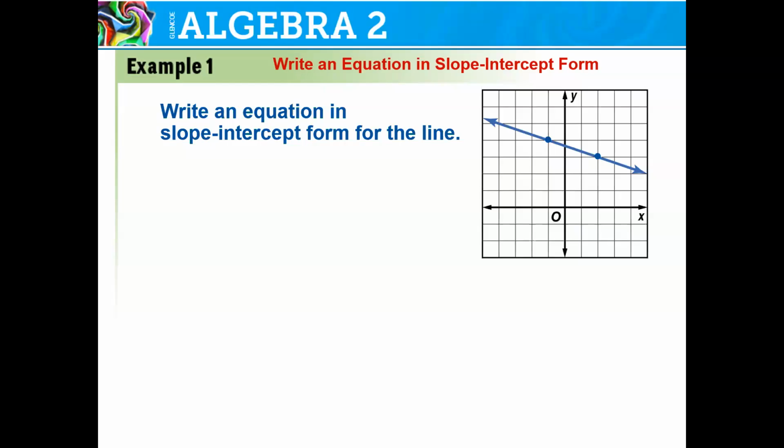And then finding the other place that I cross exactly on a grid line, if I go from the origin, I go right 1, 2, and up 3, I have the point (2, 3). So we are using (-1, 4) and (2, 3).